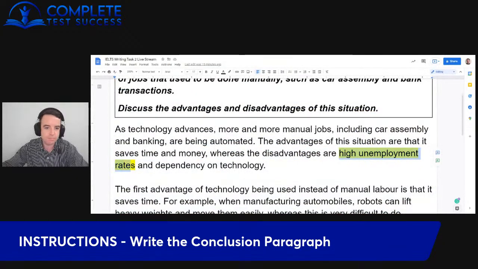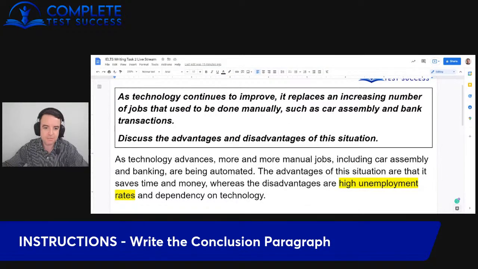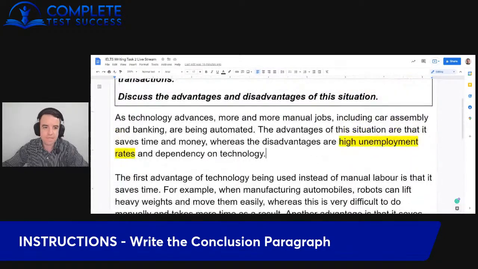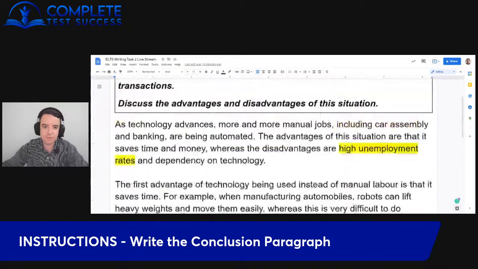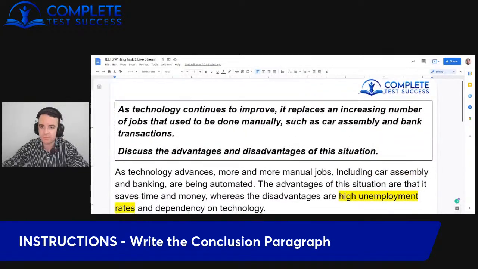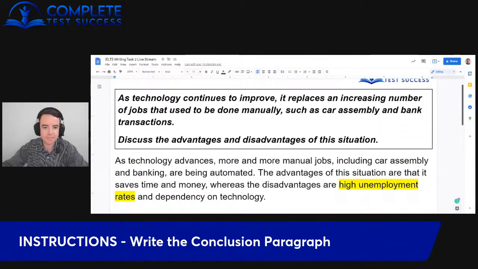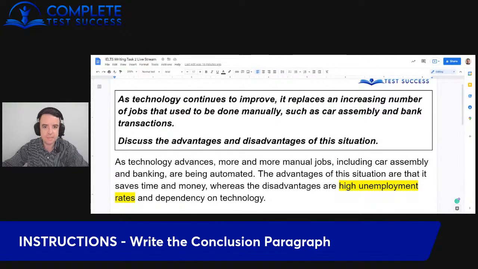Explain why there are high unemployment rates, and develop why there's a dependency on technology. So we have those two paragraphs, and then we'll finish with the conclusion. That's what I want from you now. Write the conclusion and share that with me. That will mean you know exactly how to respond to this question.